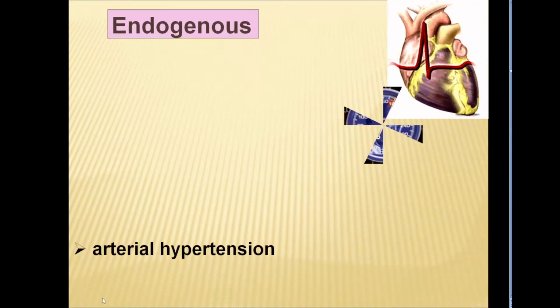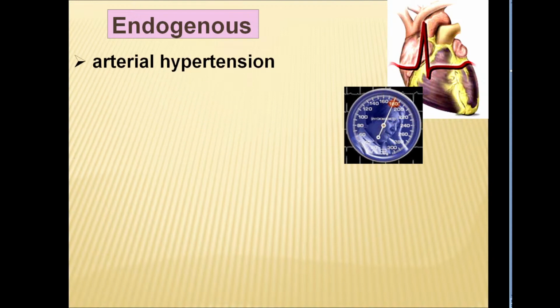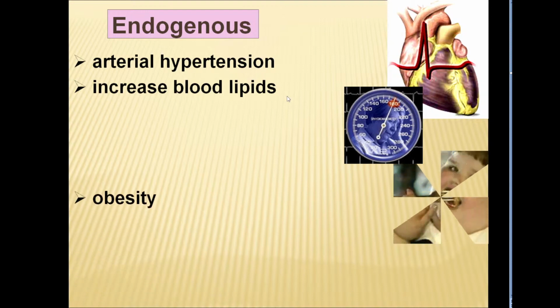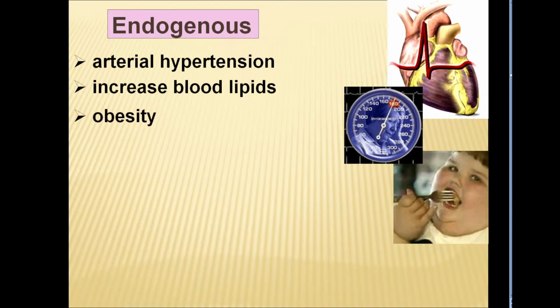Endogenous provoking or risk factors. First of all, there is arterial hypertension, because it is accompanied with abnormal constriction of peripheral vessels. Increased level of blood lipids, sometimes it may be the result of some genetic disorders.